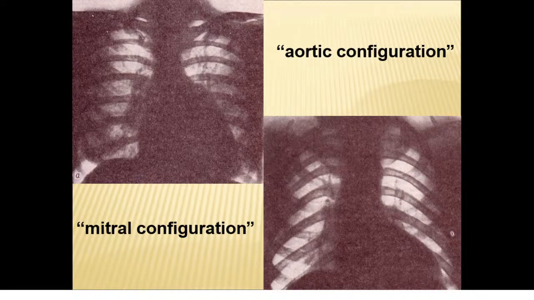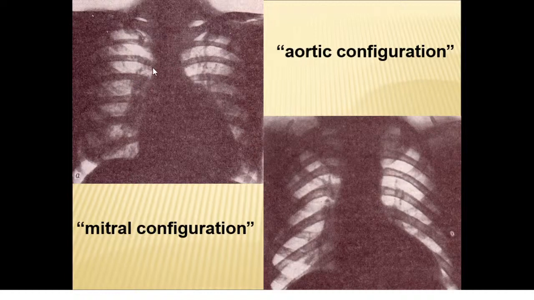Such configuration of the heart appears due to hypertrophy of the right and left ventricle and left atrium. As a result, the heart loses its waist and resembles a ball.